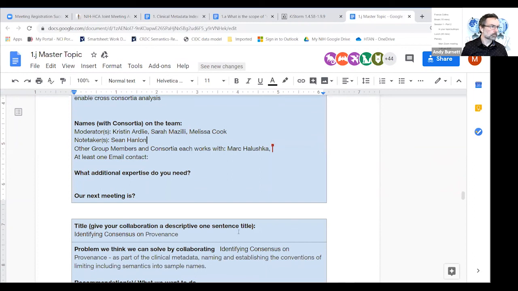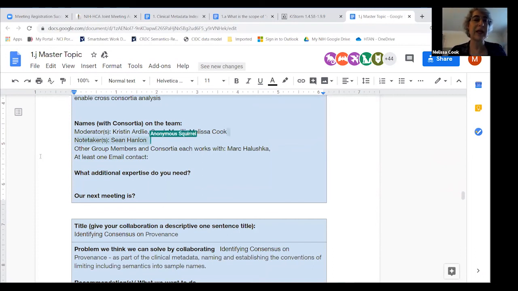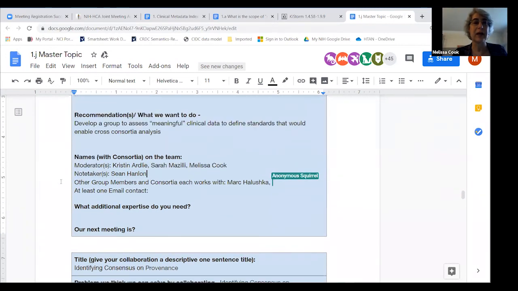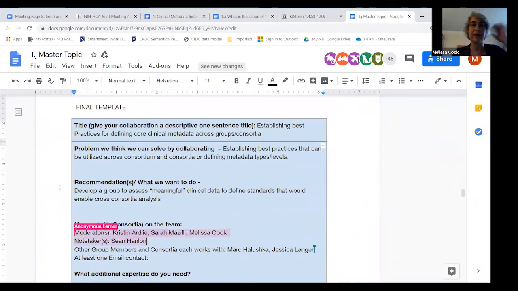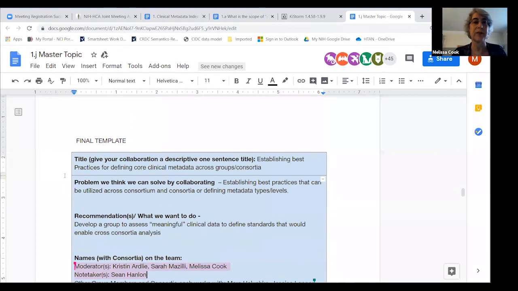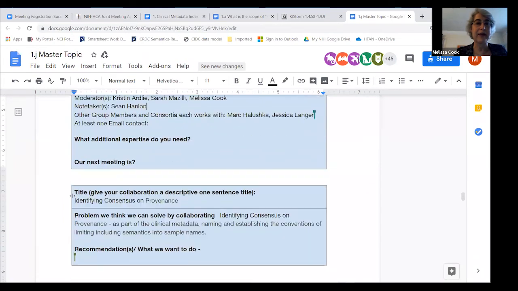All right, so I see we have about 4 minutes, and I'm sure everybody wants a break. So we have 2 blue boxes, which are going to be what everybody else sees when they look at our outcomes. One is about establishing best practices for defining core clinical metadata across groups or consortia, and the details about that. The other topic we have here is identifying the consensus on provenance, which can certainly be renamed.